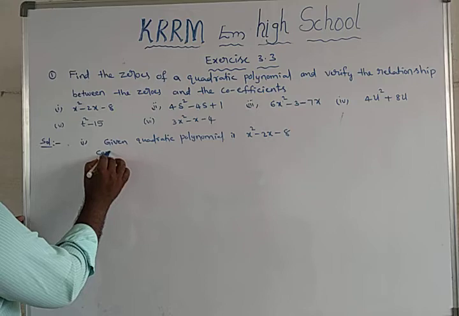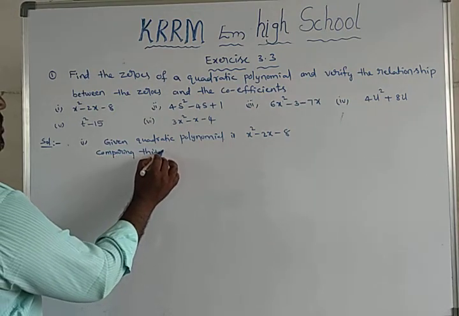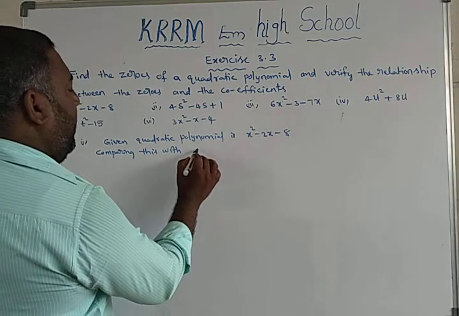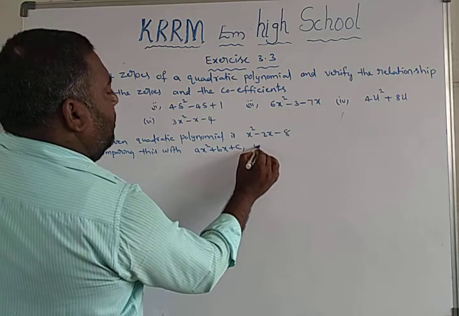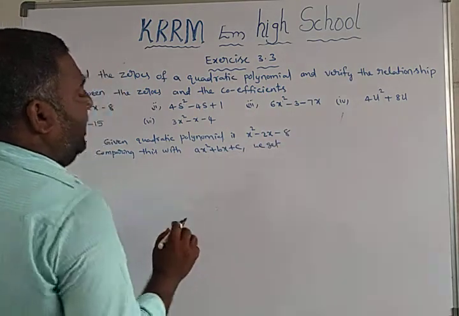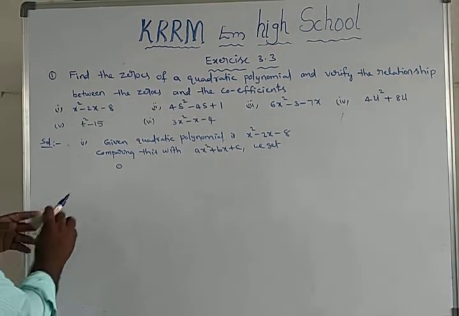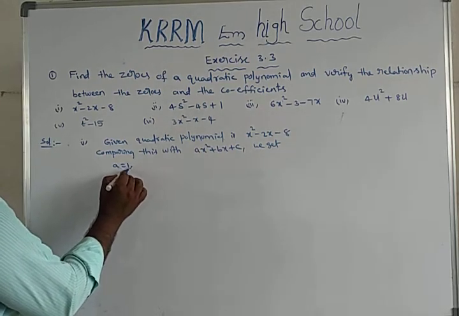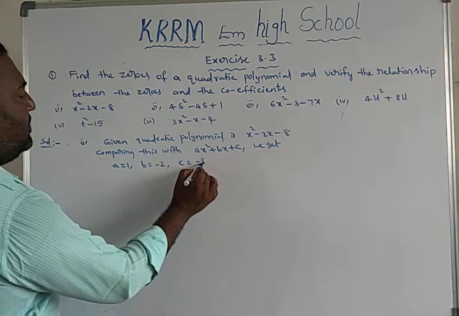Comparing this with ax square plus bx plus c, we get, what is the a value? A is the coefficient of x square. So a is equal to 1, b is equal to minus 2, c is equal to minus 8.